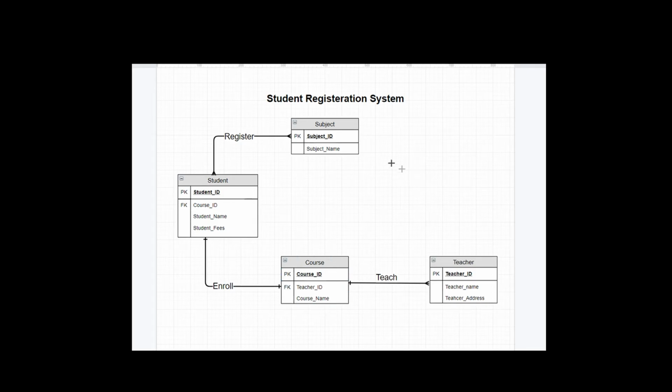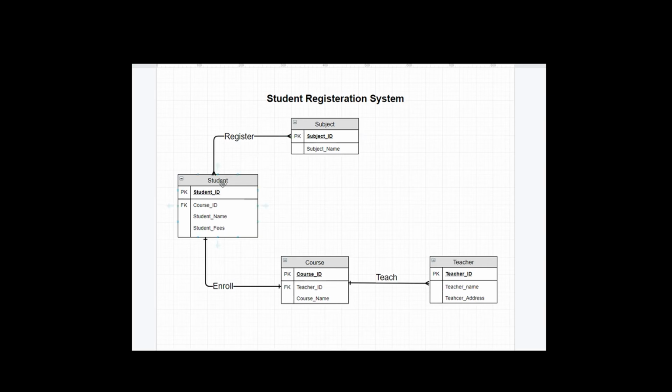So in this diagram, it has relationships, also known as the cardinality, like the relationship between the student and subject. For example, it's a many to many relation, which means many students can pick many subjects.